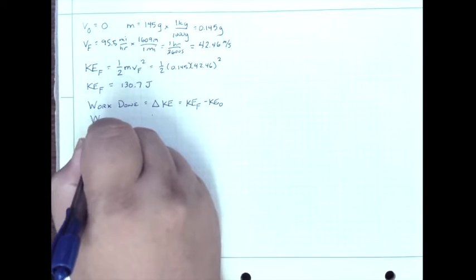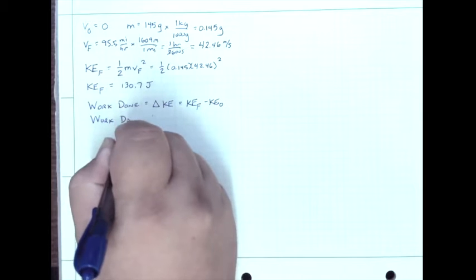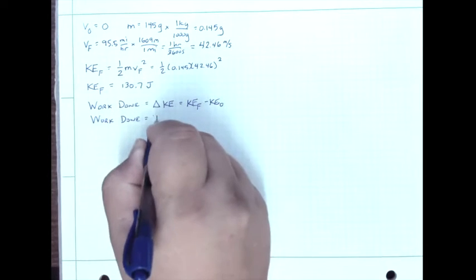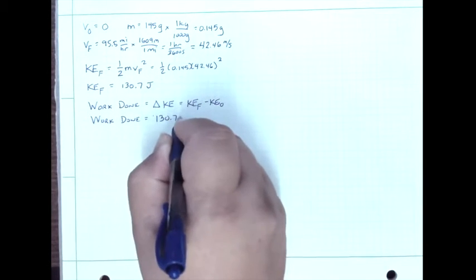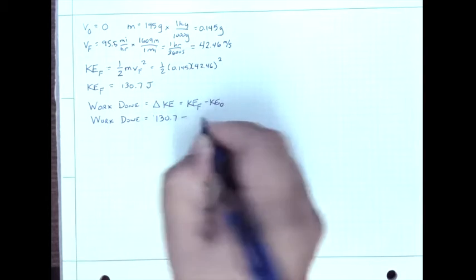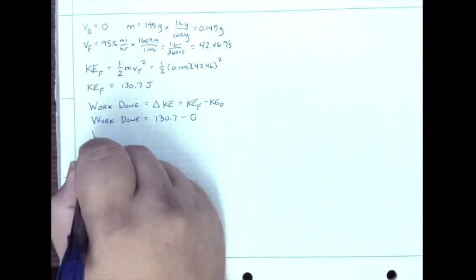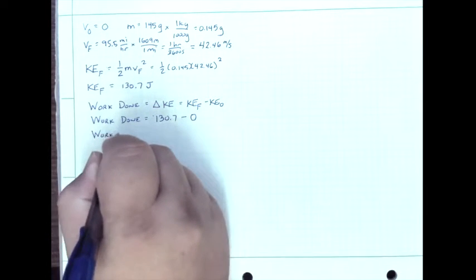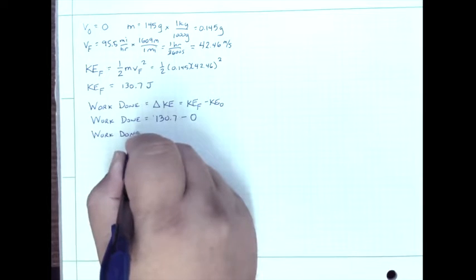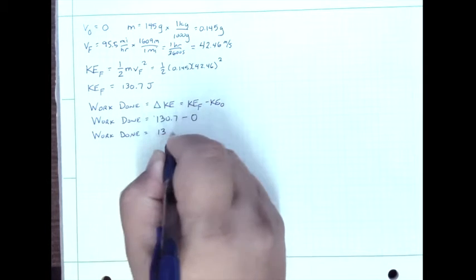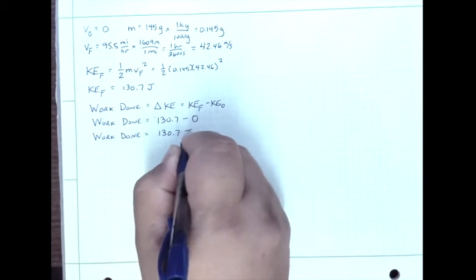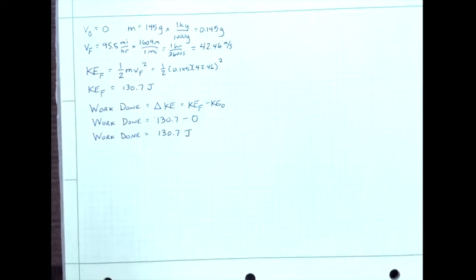Well, we know what the final kinetic energy is from the previous calculation. That's going to be 130.7, and the initial kinetic energy, since we start from rest, is going to be 0. So the work done by the pitcher in throwing the ball is 130.7 joules. Again, we would report this as 131 to 3 significant figures.